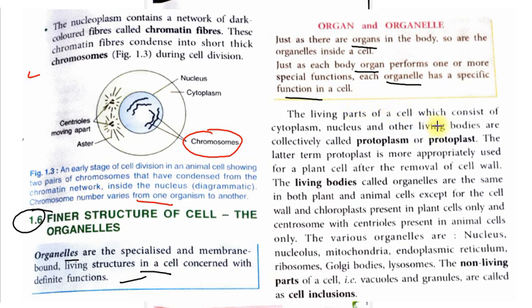The living parts of a cell, which consist of cytoplasm, nucleus, and other living bodies, are collectively known as protoplasm or protoplast, right? The latter term, protoplast, is more appropriately used for a plant cell after the removal of the cell wall.